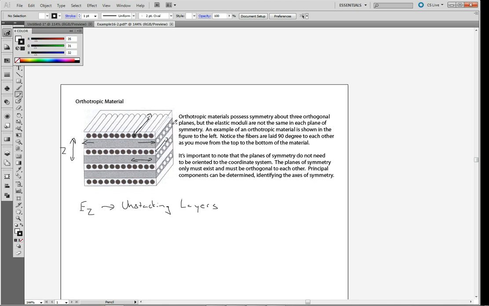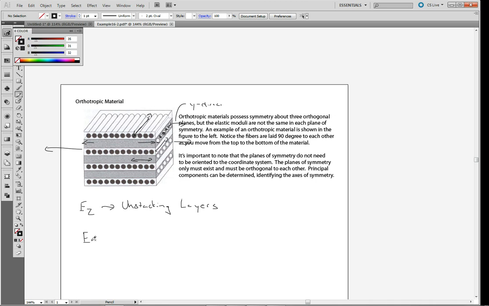Now let's go in the Y direction, which is this direction here. If I pull in the Y direction like this, these fibers here, the ones that I'm shading in, are directly in line with this. So they're going to have a lot of resistance.